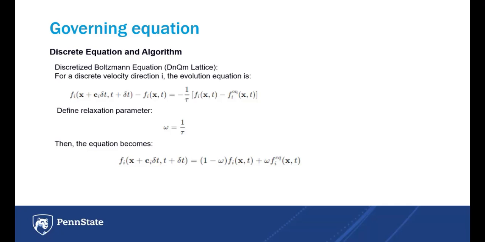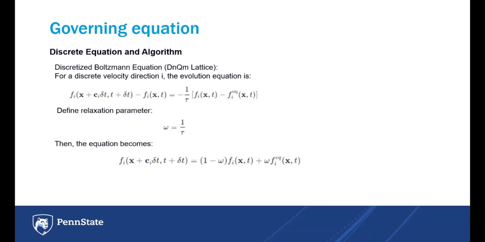On the left, we have the streaming term. It represents the motion of particles along discrete directions. On the right, we have the collision term, which brings the particle distribution back towards equilibrium. This is what models viscosity and reactions.